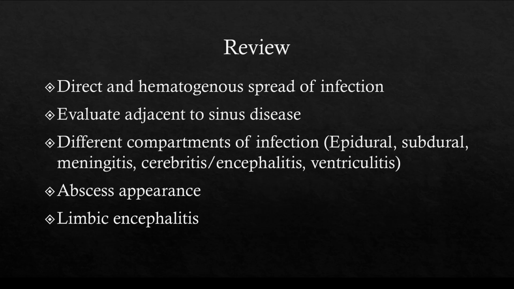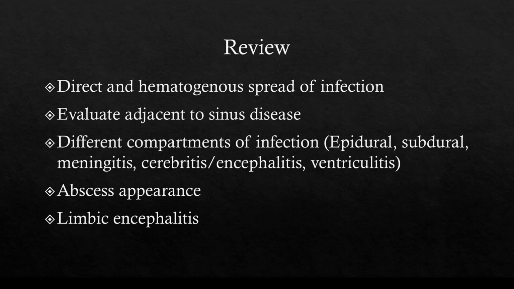So today we talked about direct and hematogenous spread of infection. You want to evaluate adjacent to sinus disease, both in the soft tissues, the fat surrounding the sinuses, the orbits, and the calvarial compartments. We talked about the different compartments of infection as far as epidural, subdural, meningitis, cerebritis, encephalitis, and ventriculitis.